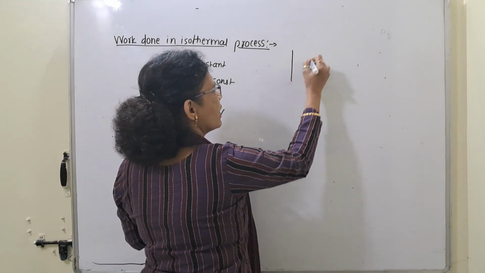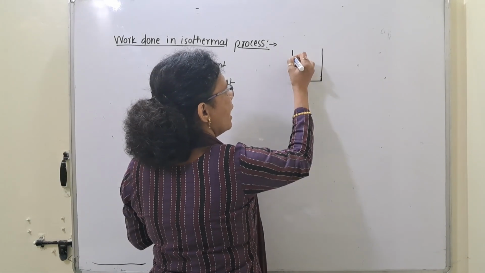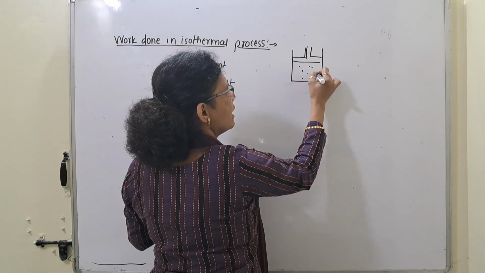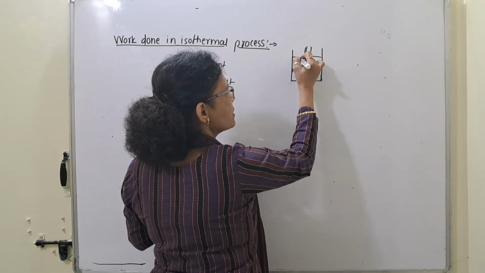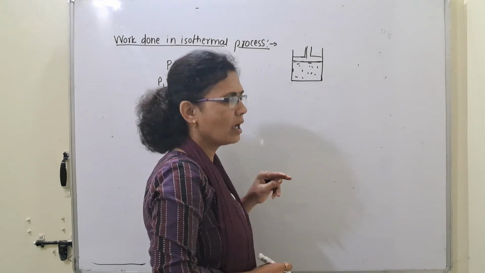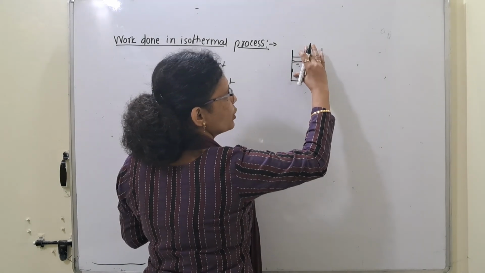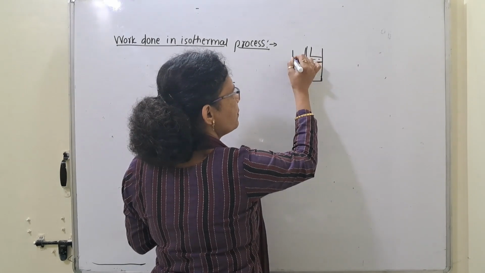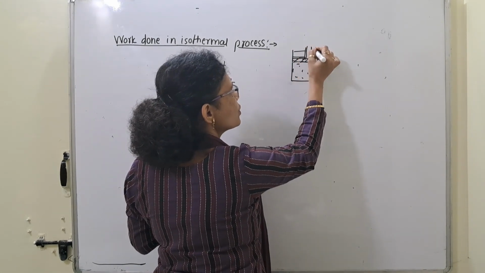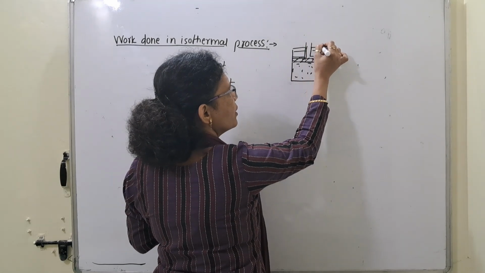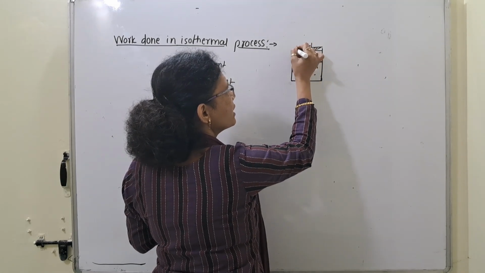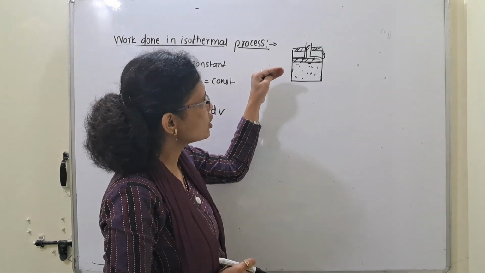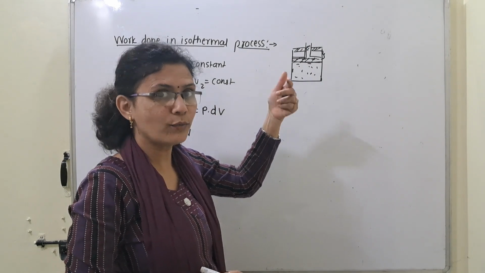See, if there is one container and a piston is there, and this gas is heated at constant temperature, means the temperature is not going to change, but the volume is going to increase. From the initial piston position it goes to this position, so its volume changes.